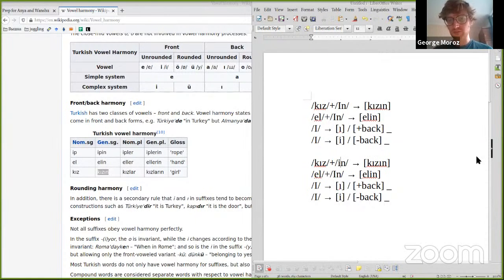So for instance, we have this, and then this becomes this in this context. So this is another phonological explanation. We have E all the time, but E becomes the other vowel if the vowel before is back.